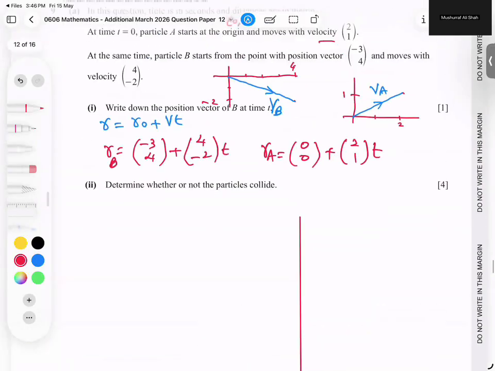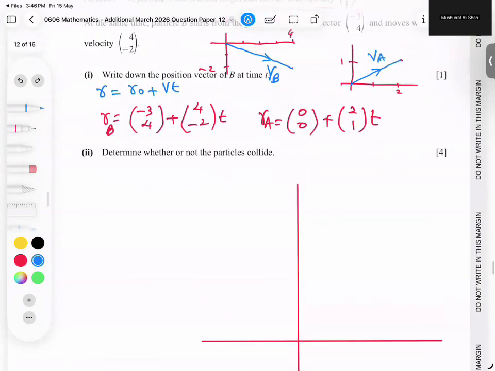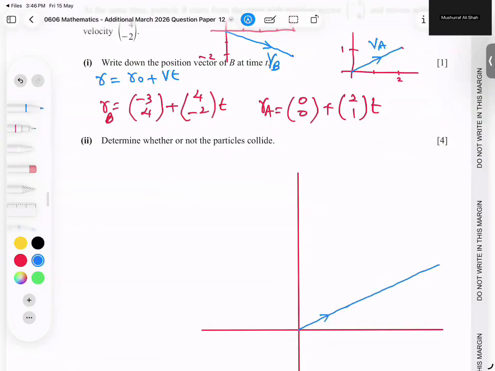First of all, starting is very important, okay, this is 0, 0 and this 2, 1. This 0, 0 is this point and 2, 1 is this motion. So students, what I'm going to do, this arrow, I'm copying and pasting here and extending further. So this is the velocity of particle A. Now what about this starting point?